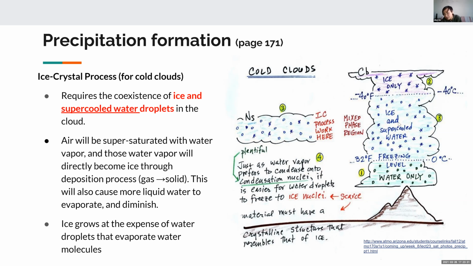Basically, your cloud temperature is below the freezing point, and you have those little ice crystals. If you take an ice cube out of your fridge and put it in your hand, you'll feel the ice cube is very sticky, right? So that is another phenomenon, called sublimation.